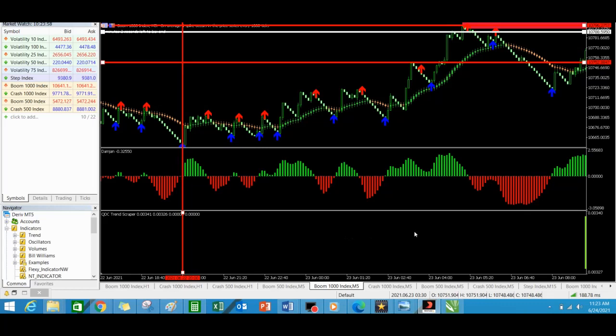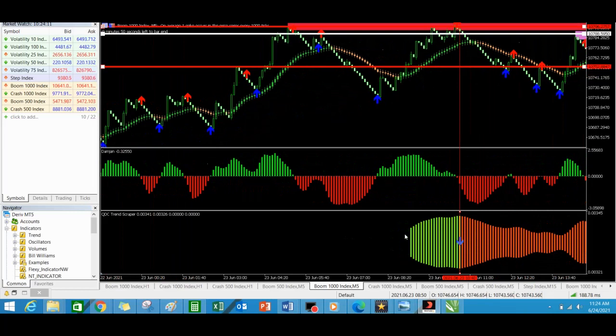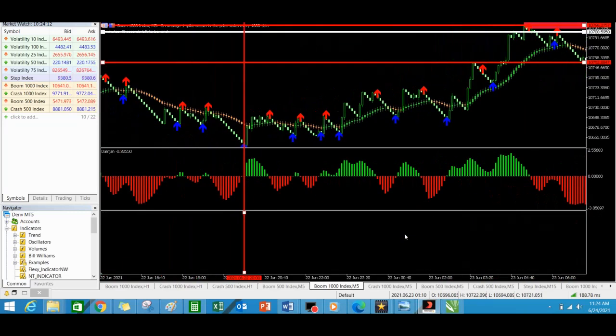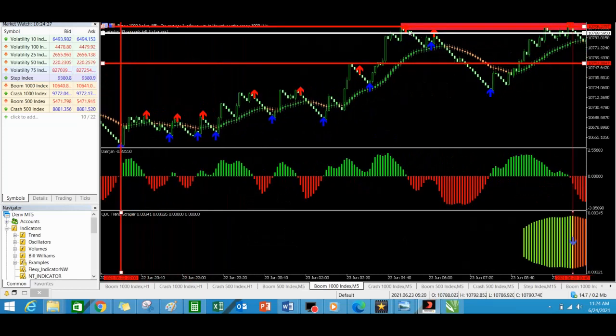Once it is covering more than the length, it will be cutting off the ones behind it. That is why you are not seeing the full green uptrend bars that should have started from here, so I had to peg it down from here. The trend actually started from here, and you can see it started spiking up from there and up and up till it got to this level.